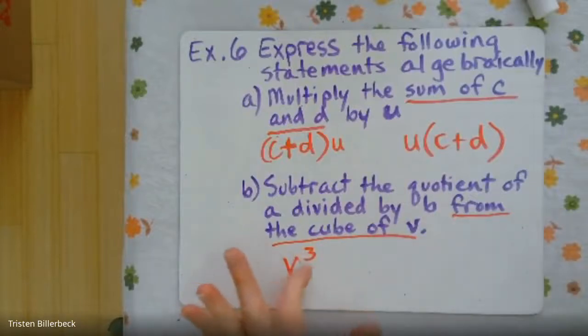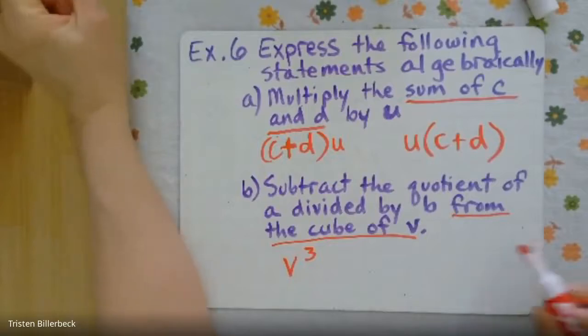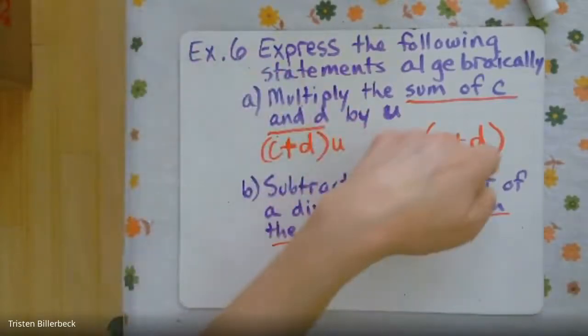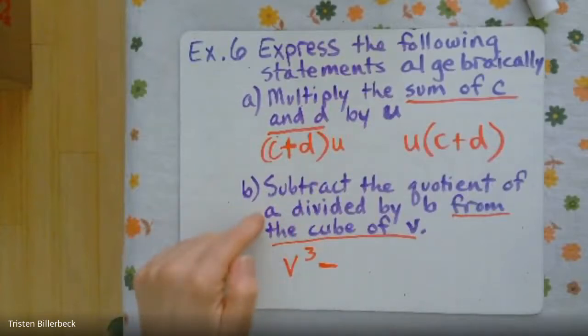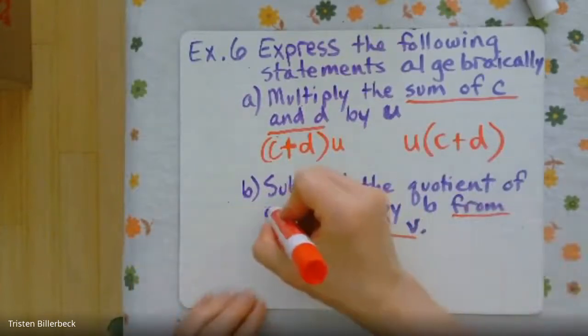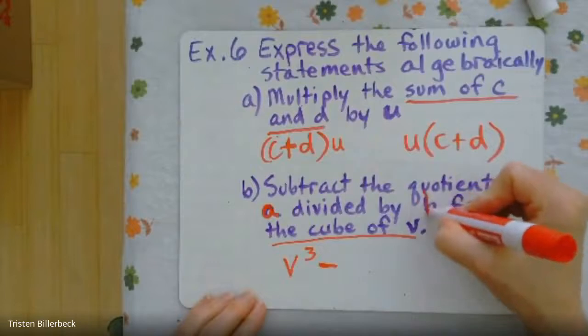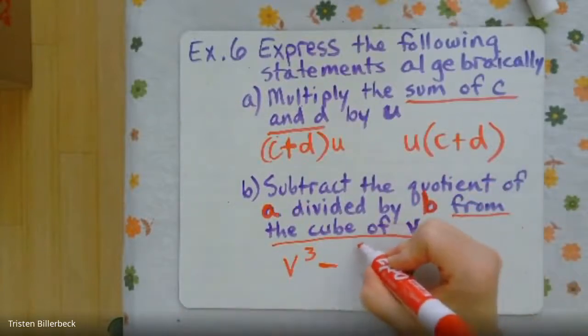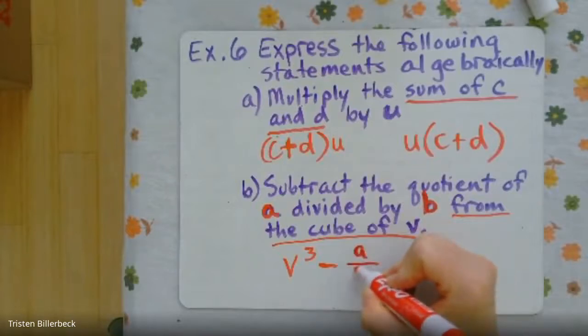Okay, so we have V cubed. And we're going to subtract something. So it says subtract the quotient of an A, divided by B. So A divided by B looks like this, A divided by B.